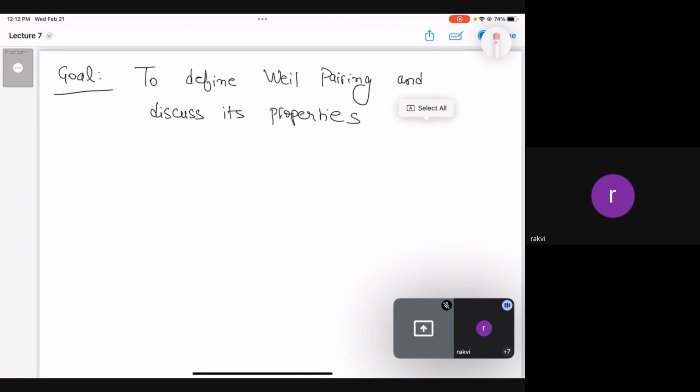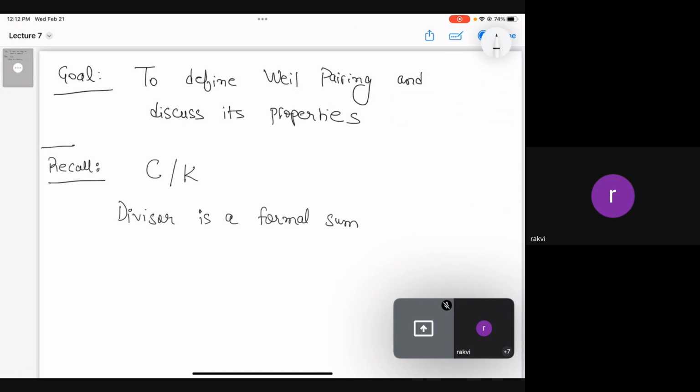So let's start with a revision of divisors. This is a bit of recall. If we have a curve, let's say defined over a field K, then a divisor is a formal sum that looks like the summation of n_P times P, where P is a point on the curve, and this is a finite sum.